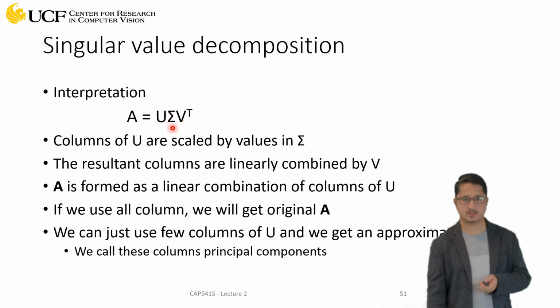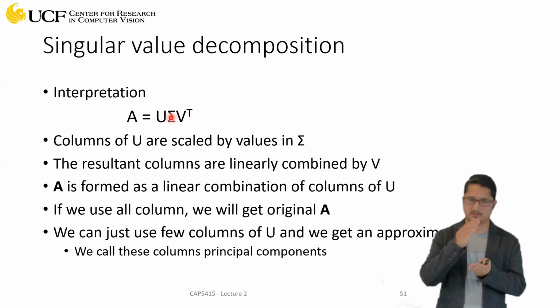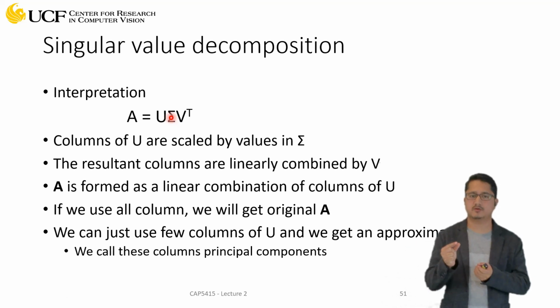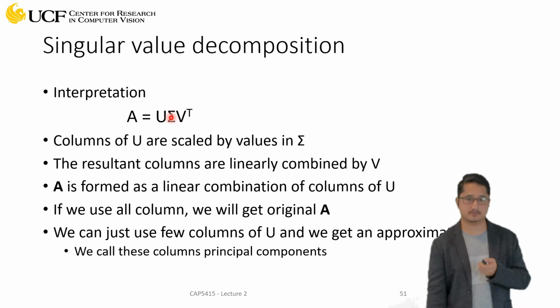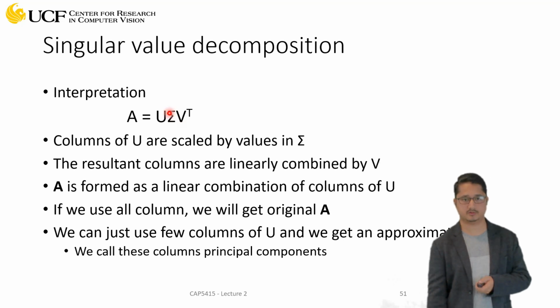One more point here: this scaling matrix, sigma, these are what we call eigenvalues, but let's not go there. These are kind of the importance of the vectors we have found in U. So this is in decreasing order. The most important vector will be on the top, with the highest magnitude.